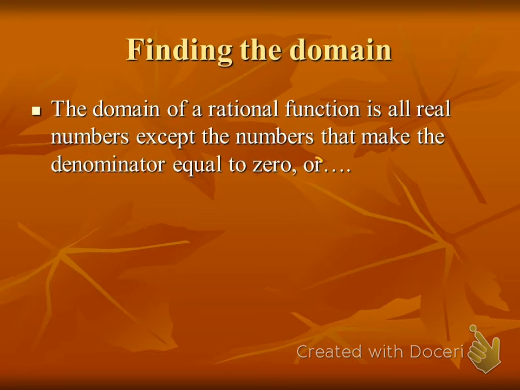We're not going to consider the other functions at this point. Okay? There's just a period there. The domain of a rational function is all real numbers except the numbers that make the denominator equal to 0. x can be anything unless it breaks the function. How do you break a rational function? 0 value in the denominator.